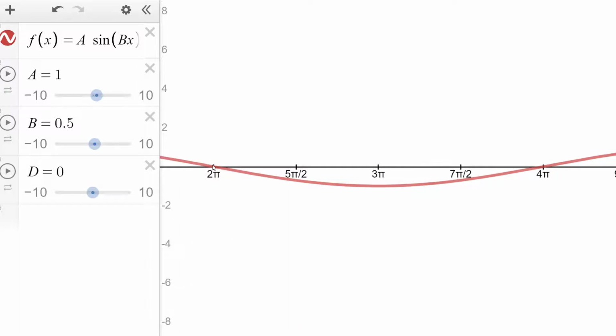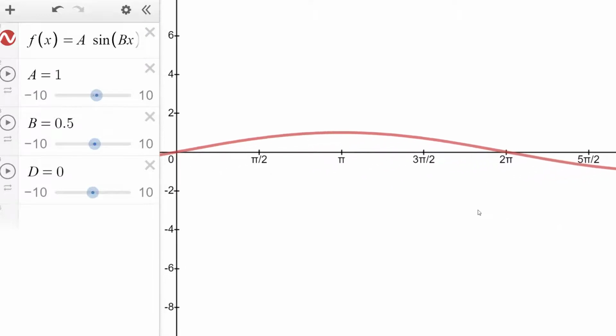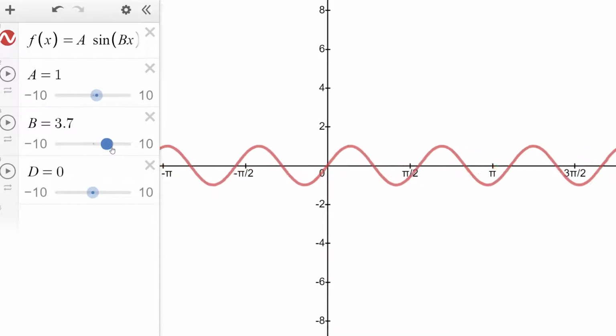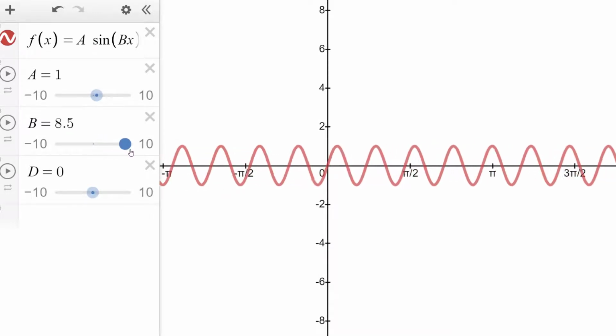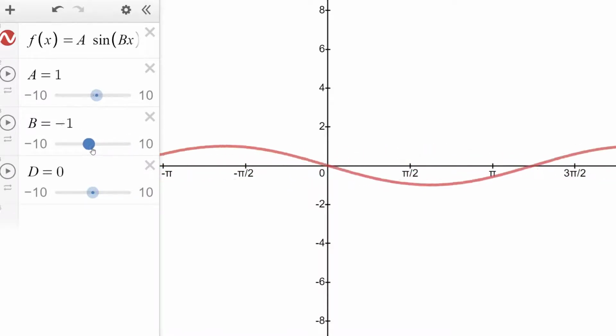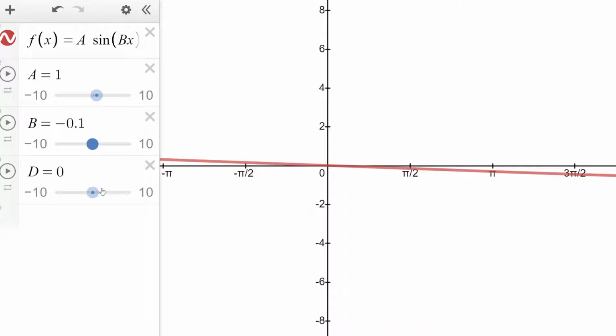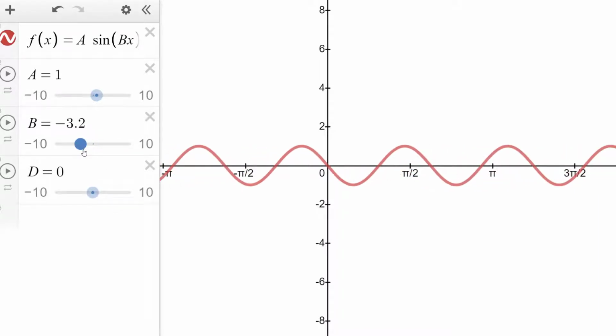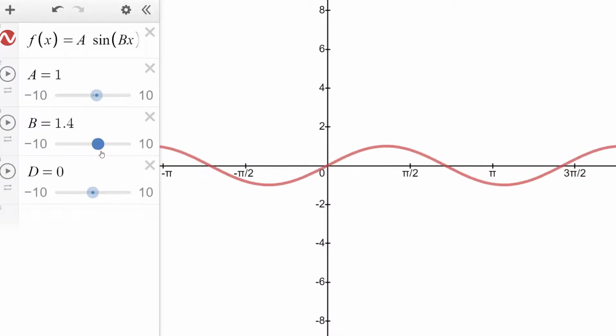You'd have to go all the way out to 4 pi to finish out the cycle of the sine curve. So there is a good visual of how b affects the graph. Again, increase b, and it will increase the number of cycles per unit time. Decrease b, and it will pull it out like a slinky. And if b is negative, by the way, it just flips it about the y-axis.